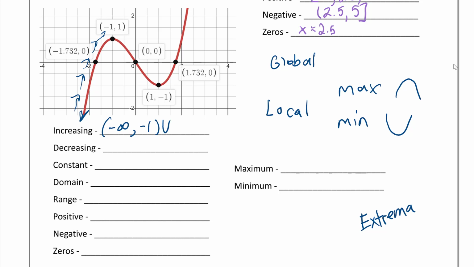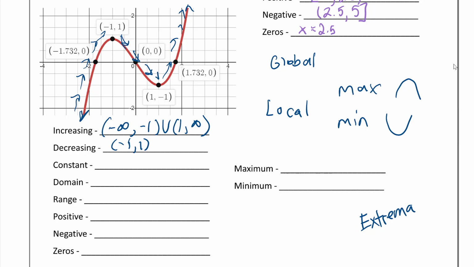Then it starts going down, from -1 to 1. Then it turns around again and goes up, and again it's like we have an arrow because it continues, so from 1 to +infinity is the other place where it's increasing.